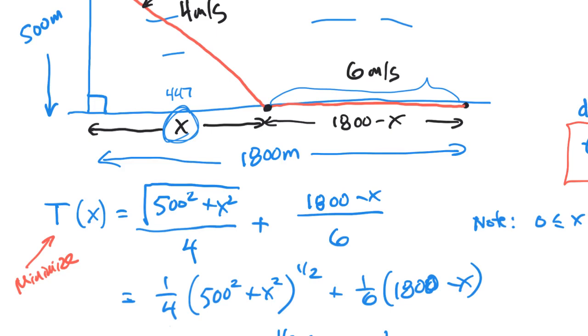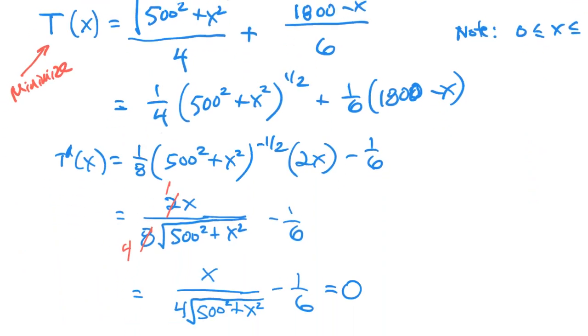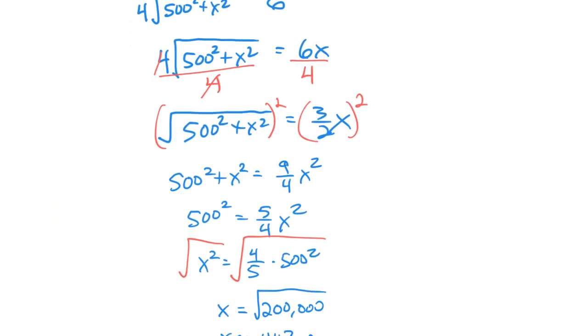So we have to find this, we go 1,800 minus x, and the answer would be 1,353 meters. Now really, we need to check that. That's our critical number. Our critical number is 447, but that gives us an answer of 1,353. But to really answer the question, we really should check the endpoints.